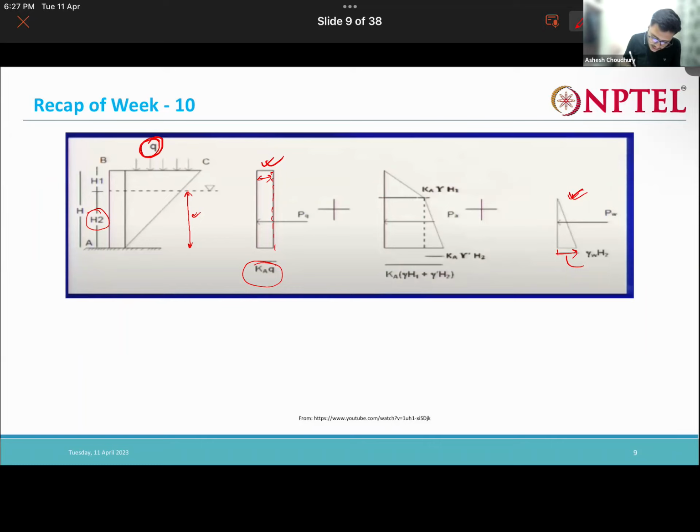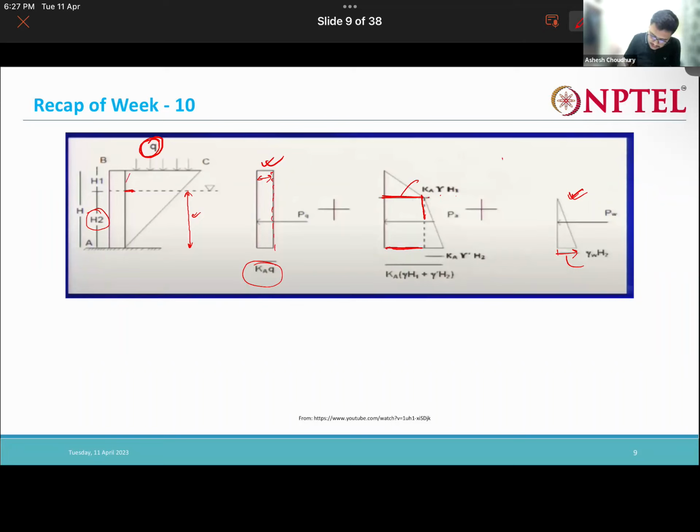Let us see up to the height H1. We will have the same as the dry condition, K into gamma into H1. Now after this level, from here it is submerged condition, right? Say at this point, you can consider that this part will act as your surcharge.